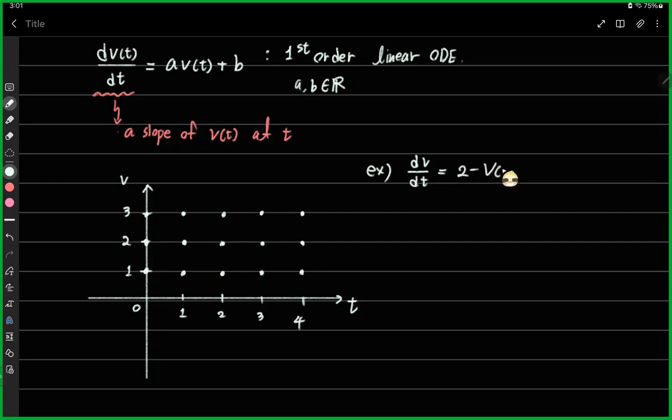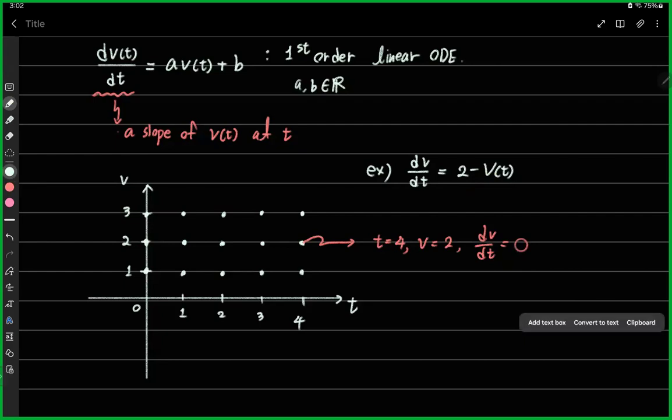So simple, right? Now at this point, for example, t equals 4 and v equals 2, so dv/dt is going to be 2 minus 2, which is 0.